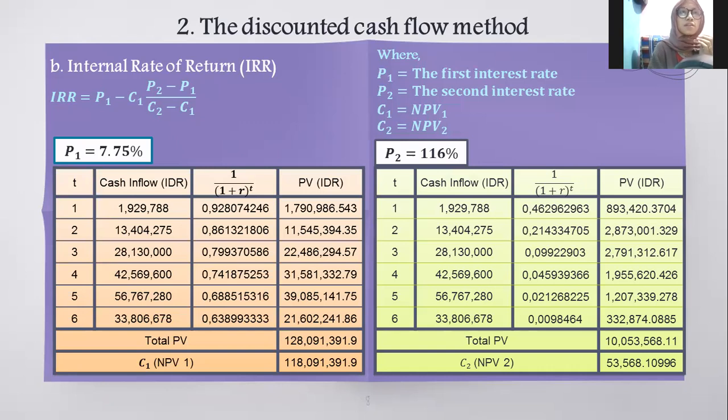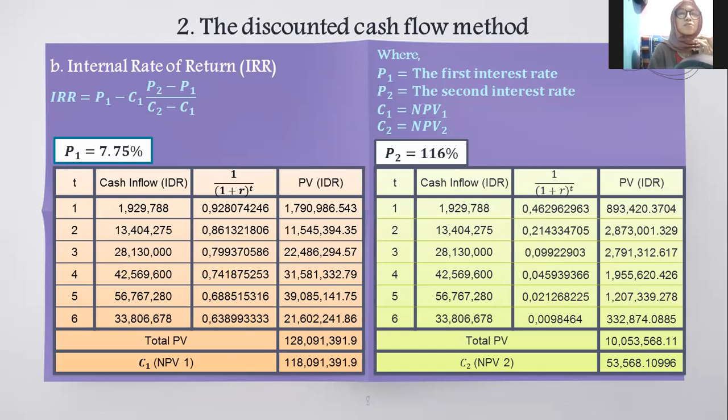So now we have internal rate of return or IRR. The formula of IRR is equal to P1 plus C1 times P2 minus P1 over C2 minus C1, where P1 is equal to the first interest rate, P2 equals the second interest rate, C1 equals NPV1, and C2 is equal to NPV2.